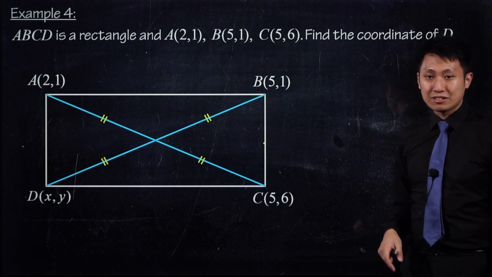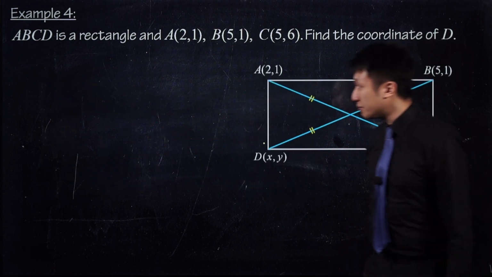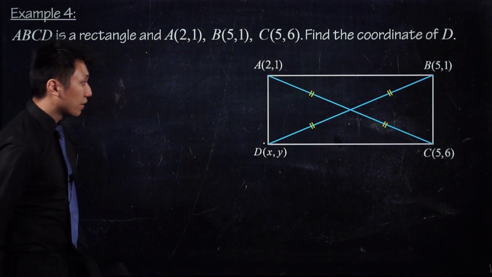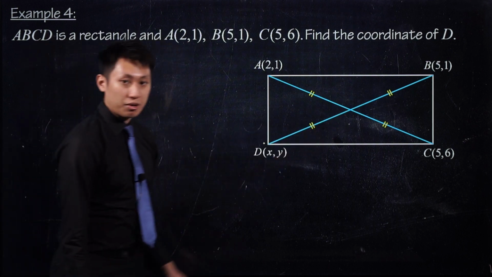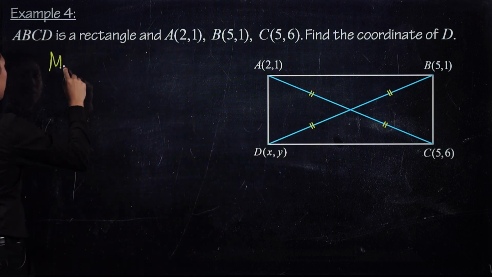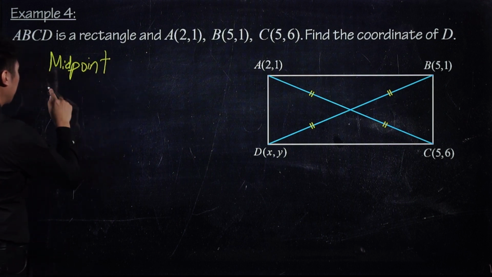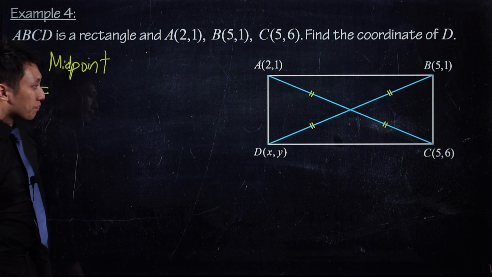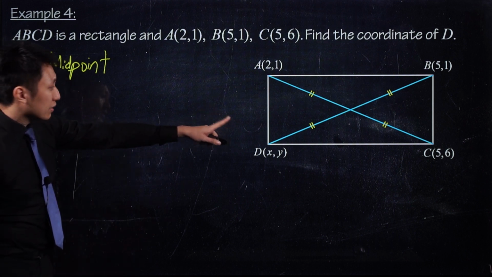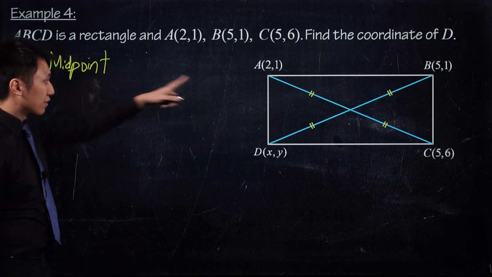Okay, so this is an illustration. I'm going to move one side. So now I have to find this midpoint first. Midpoint is equal to, what is this? Midpoint of this, this one is of the rectangle.